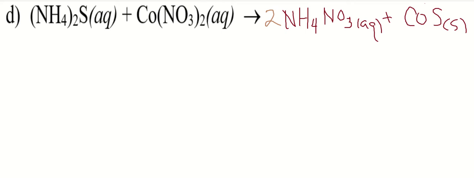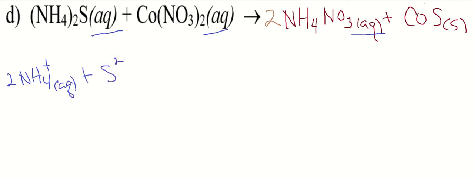Everywhere we see the AQs, we're going to free them. Bring that quantity to the coefficient, because keeping it down there makes someone think they're bonded together, and they're not. So we have 2 moles of ammonium ions in solution, along with 1 mole of sulfide.